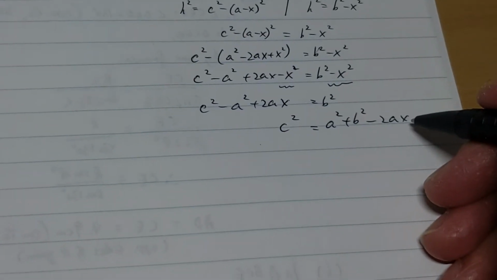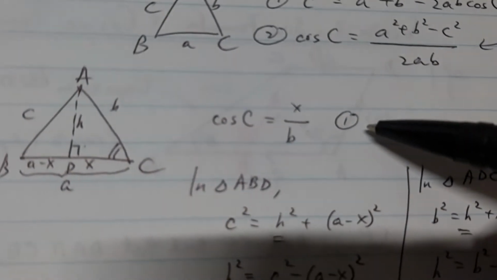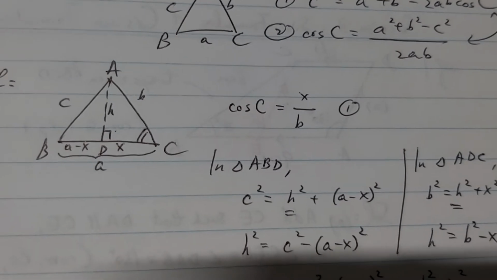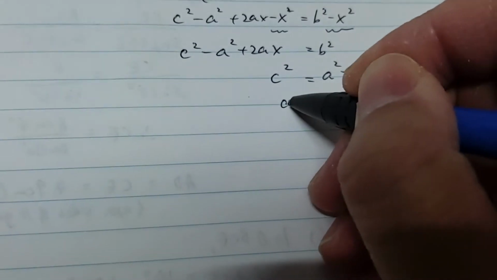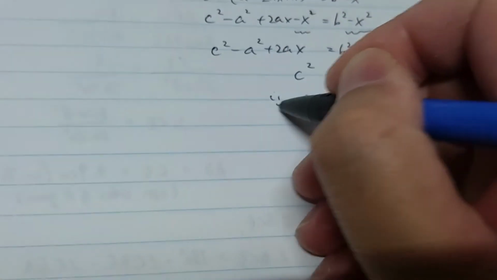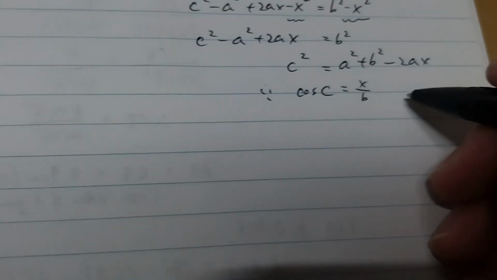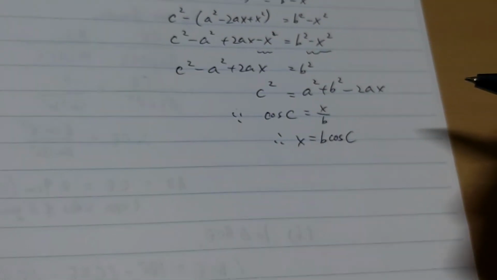So we stop here. Look at the formula we got at the very beginning, which is cosine c equals x over b. So x is b cosine c, isn't it?